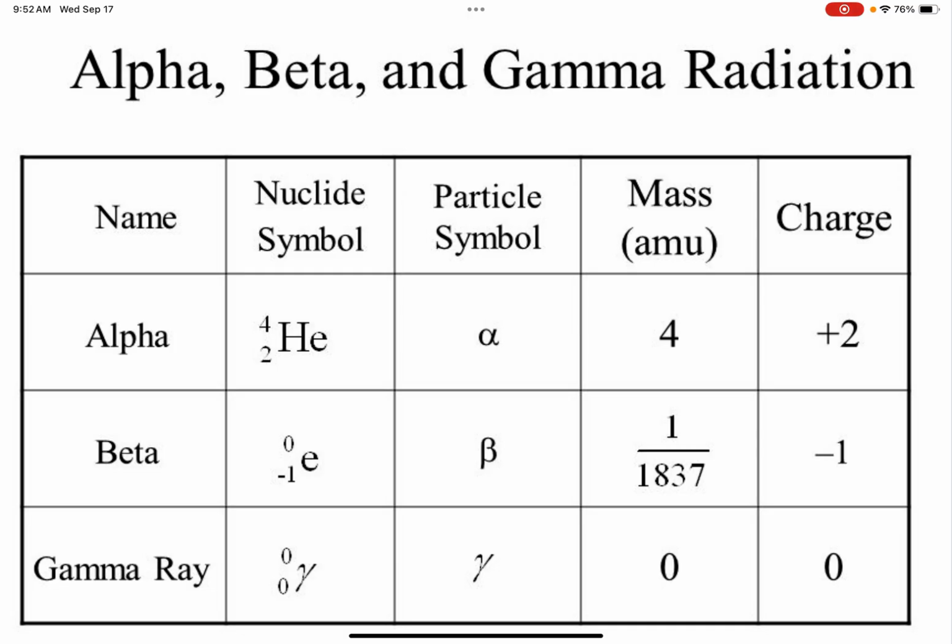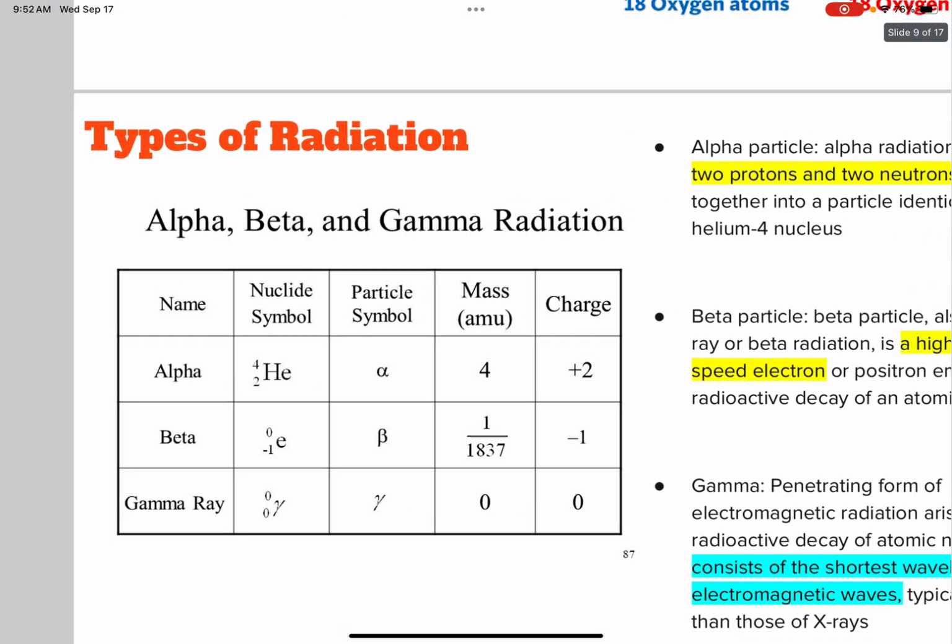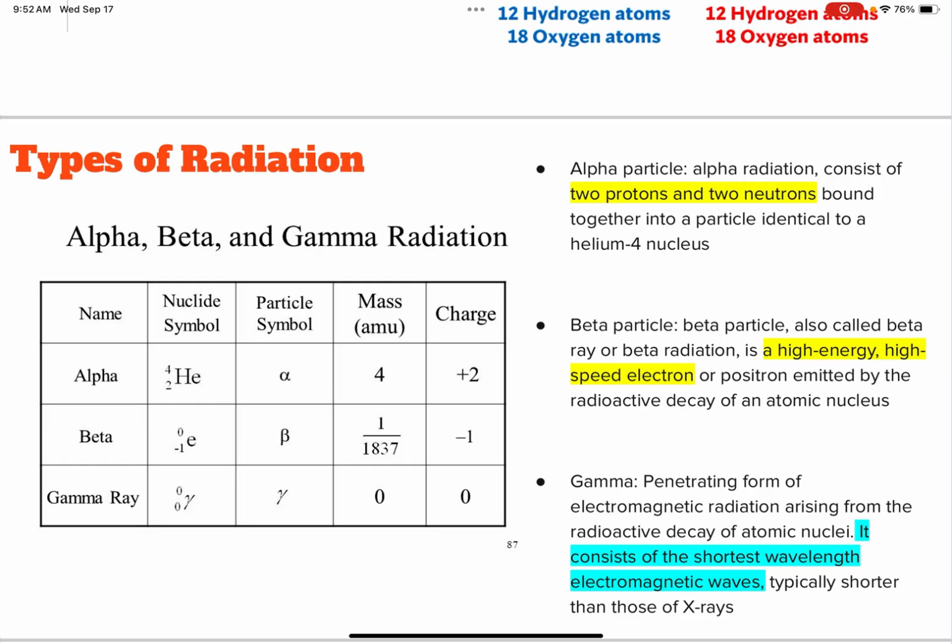All right, second type of decay is beta. So I'm going to read over here on the right. Beta particles, also called beta ray or beta radiation, is a high energy, high speed electron emitted by radioactive decay in the nucleus. So this is the second type of radiation we have, where we've shaken off our heliums, but now we need to shake off even more.